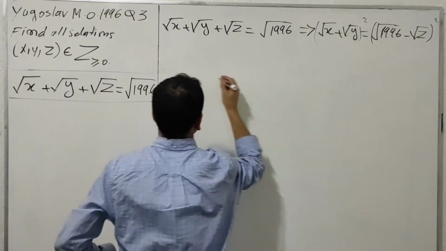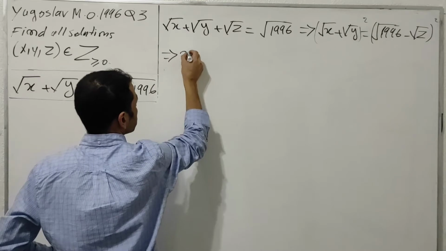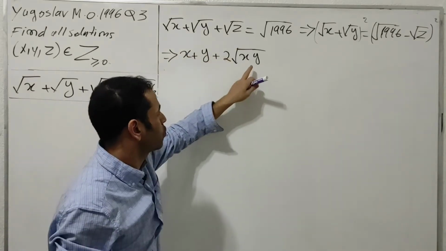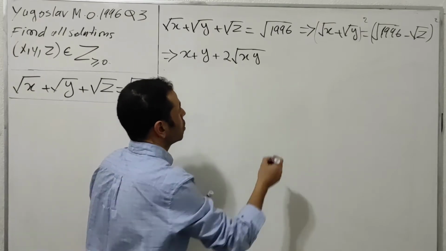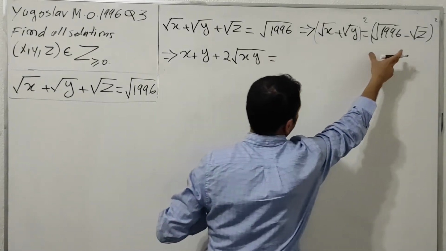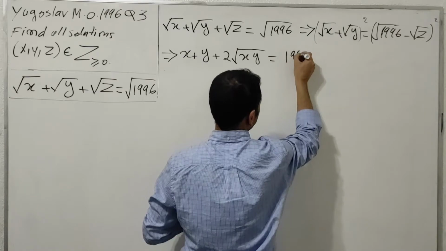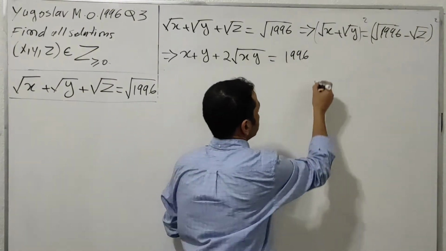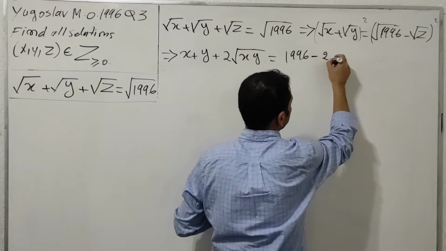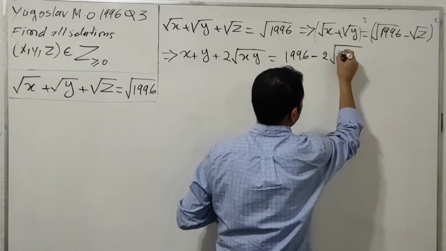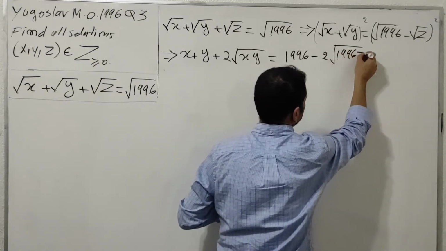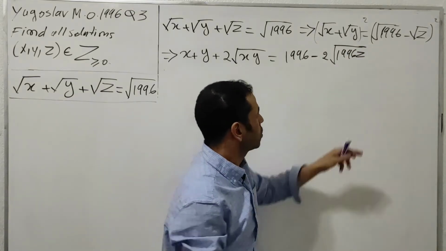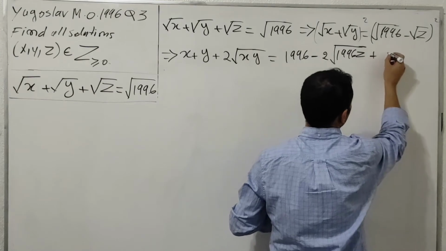This gives us x plus y plus 2 times the square root of the product xy equals 1996 minus 2 times the square root of 1996z, all of those terms inside of this square root, plus the last term, which is z.